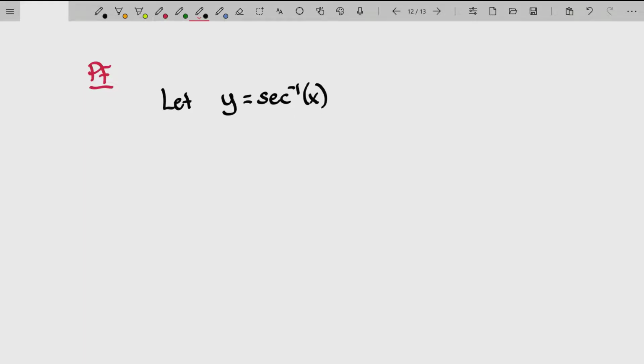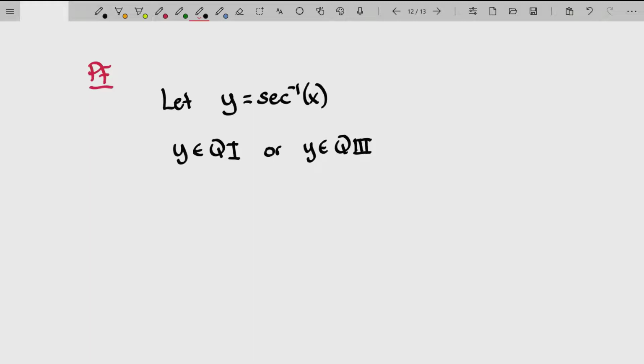And I'm going to note immediately that y is either in quadrant 1 or in quadrant 3. That is because we have defined the angle returned by the secant inverse to only be between 0 and pi over 2, and pi and 3 pi over 2. That's just critical for this proof.